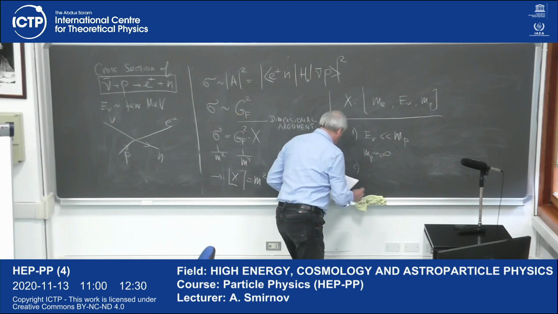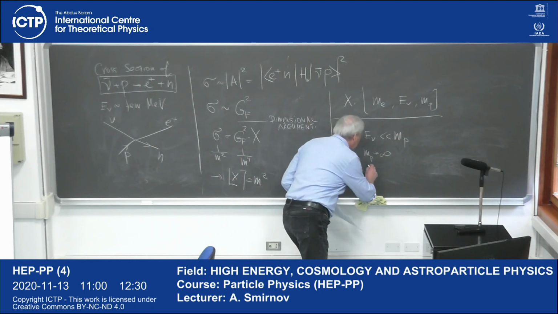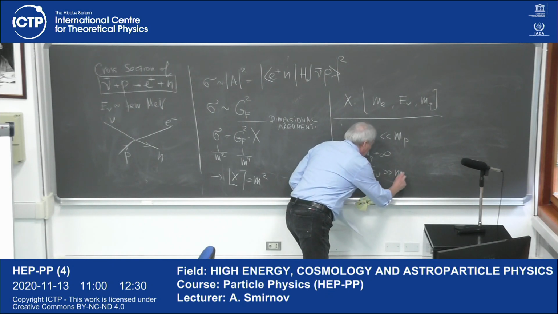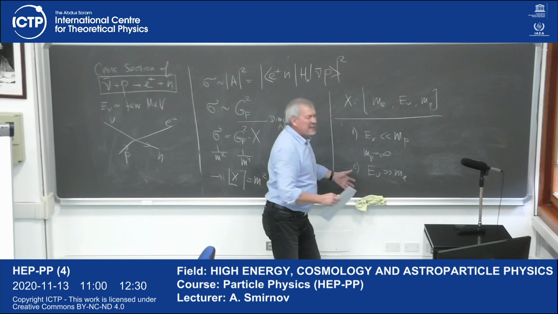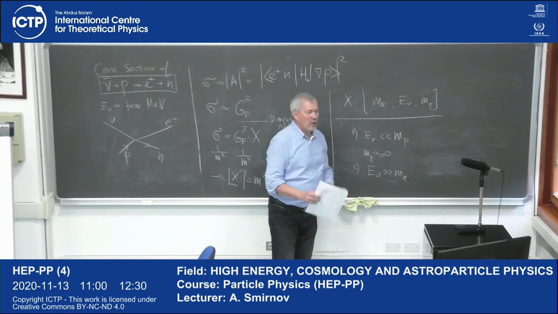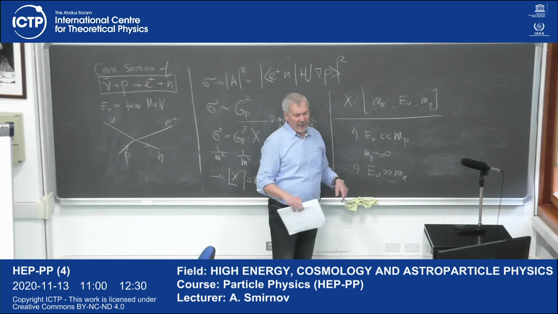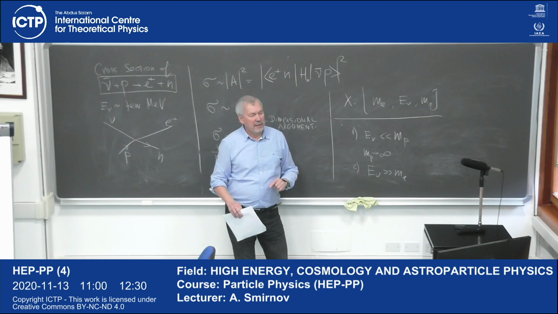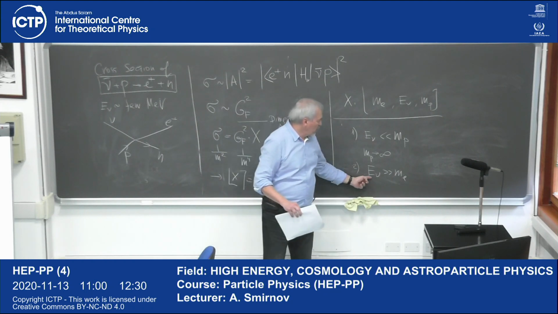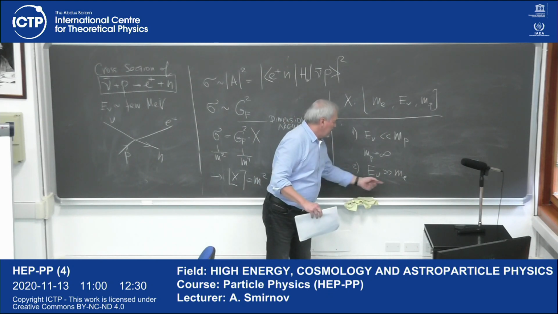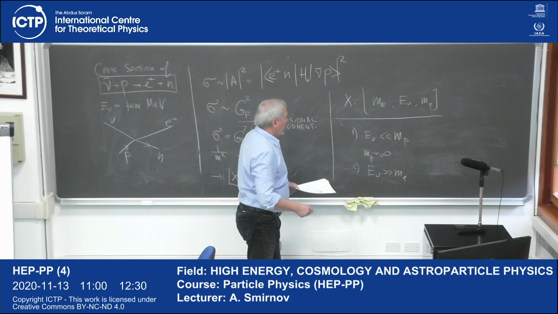The second argument is that the energy of the neutrino is much bigger than the mass of the electron. This is not completely true, but to a large extent it's true. Imagine that you have an energy of the neutrino of 5 MeVs, and the mass of the electron is 0.5 MeVs, which means that the energy of the neutrino is 1 order of magnitude bigger than the mass of the electron.